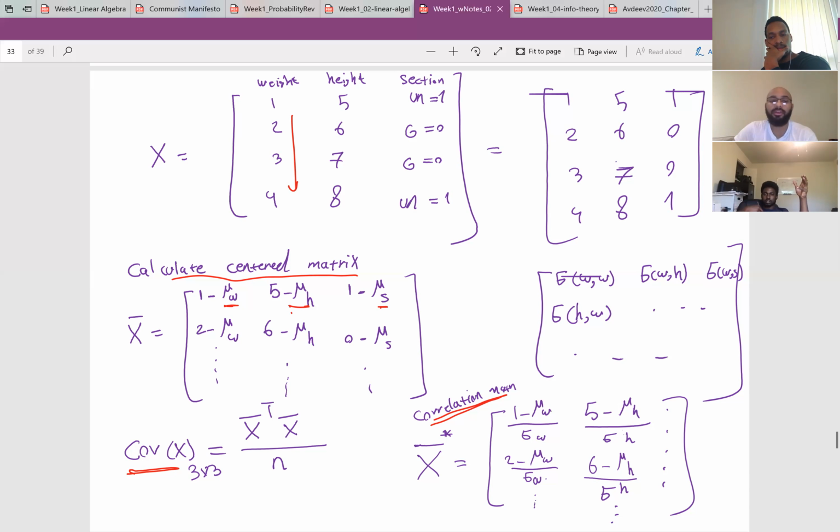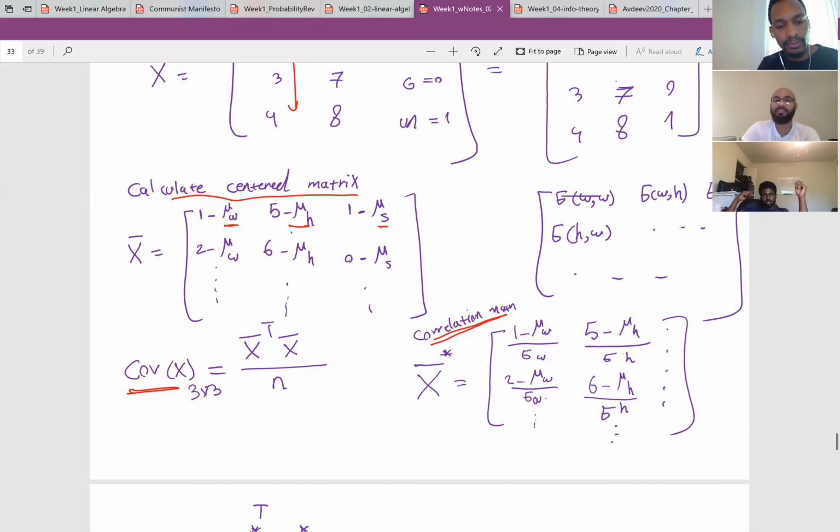Yeah, pretty much. So the covariance matrix, you see how it's 3 by 3? That's because there are 3 dimensions. The diagonal of that matrix is just the variance or the standard deviations of the different variables, like weight with respect to itself. The off diagonals are going to be like weight with height, weight with section, height with section, etc. But the diagonals are just the standard deviations or the variance.